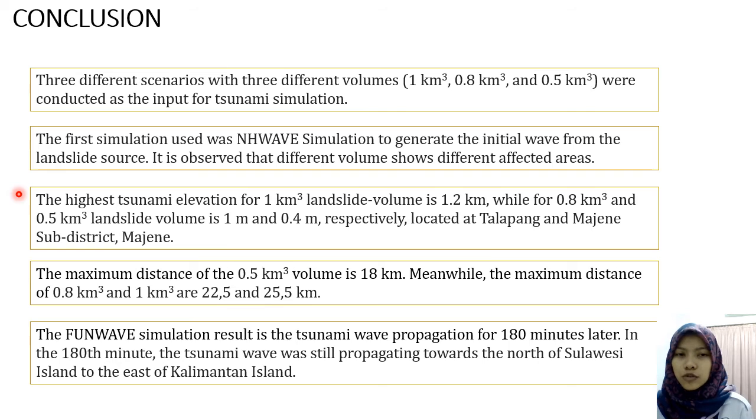The highest tsunami elevation for 1 cubic kilometer landslide volume is 1.2 meters, while for 0.8 and 0.5 cubic kilometer landslide volumes it is 1 meter and 0.4 meter respectively.